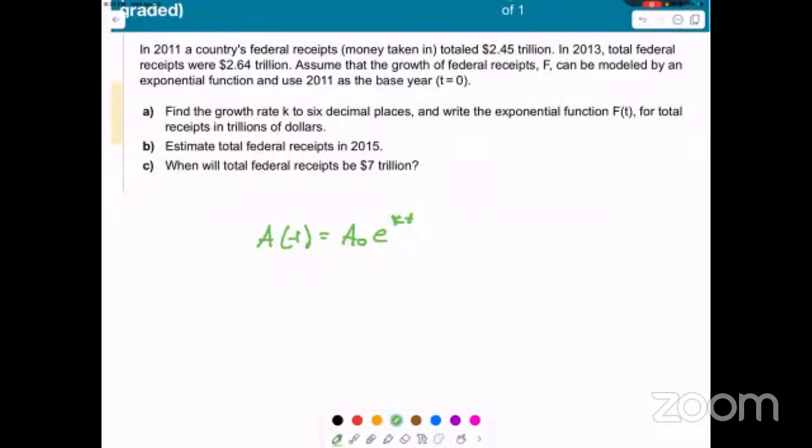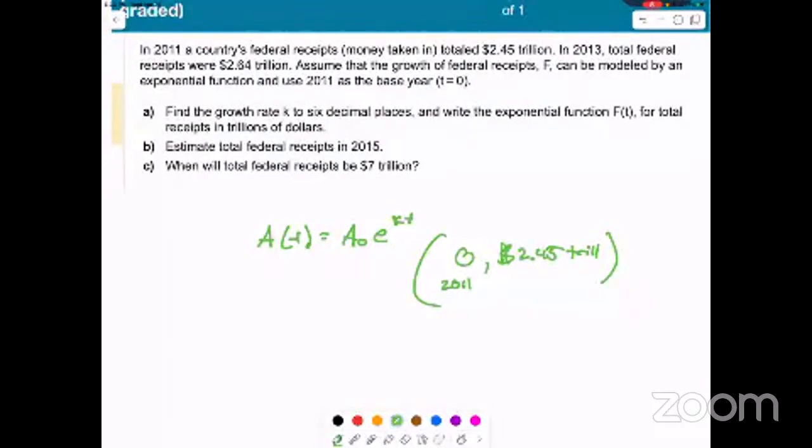Okay. So they gave us two pieces of information. In 2011, that's going to be our year zero. Again, that's 2011. The money taken in was 2.45 trillion. The second piece of information was what? 2 years later, so 2013.